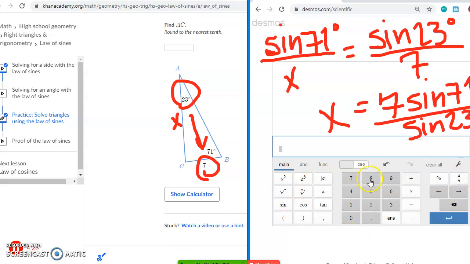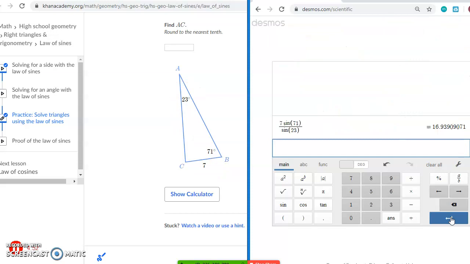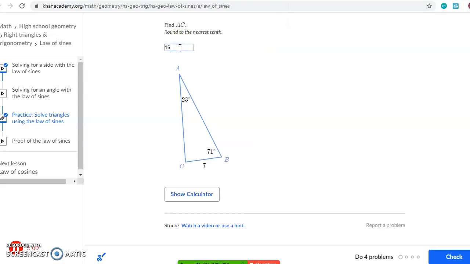So 7 times the sine of 71, and you can see right here we have it set to degrees, over the sine of 23 degrees. And that gives us 16.939. It says round it to the nearest tenth, which is 16.9. There we go.